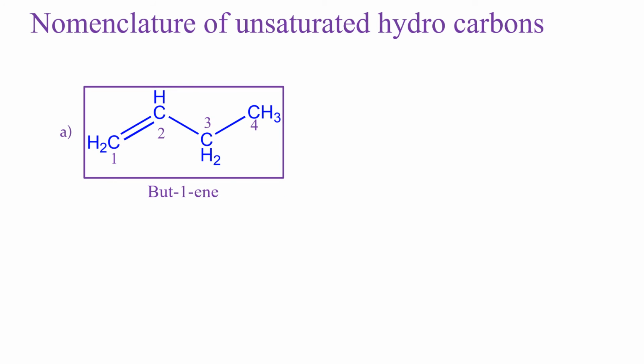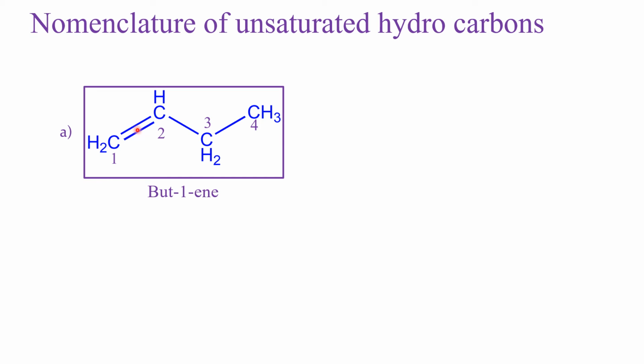Now let us see nomenclature of a few unsaturated hydrocarbons. Coming to the first, which is having 4 carbons and 1 double bond. The numbering was started from left and proceeded towards right, because the least possible number should be given to the double bond.